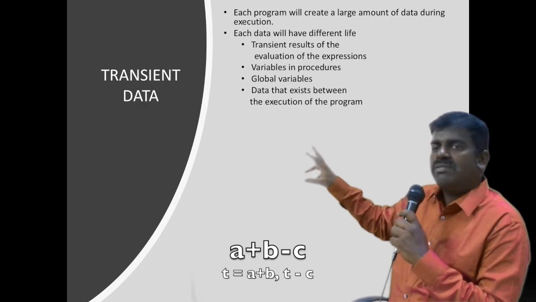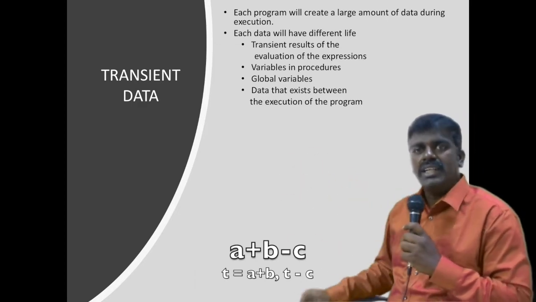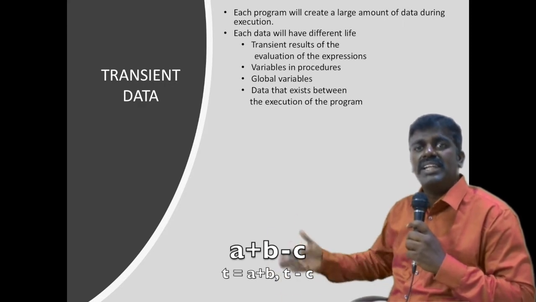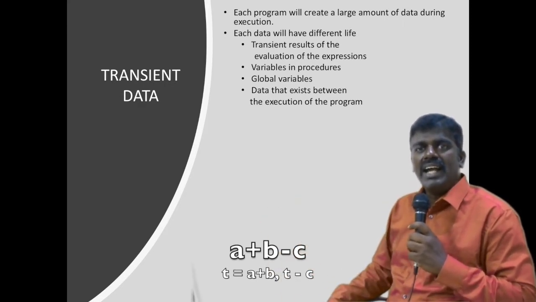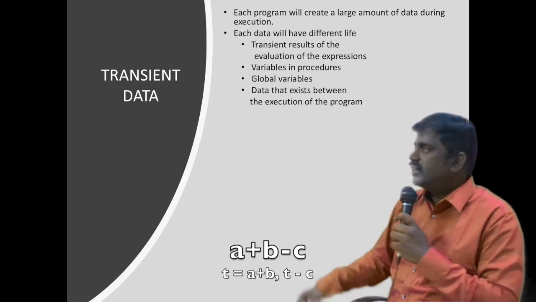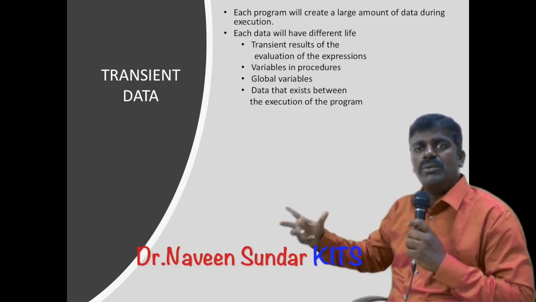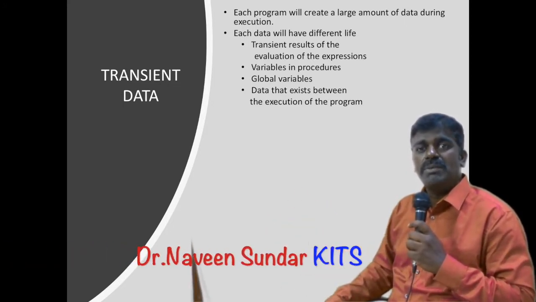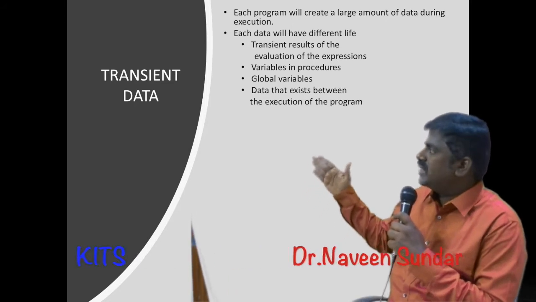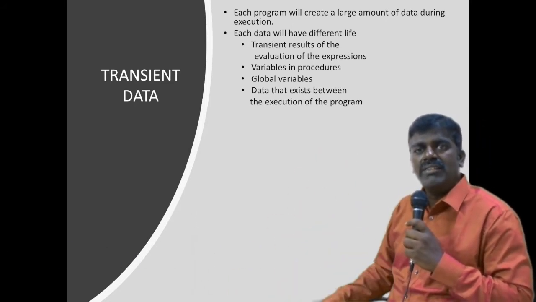First a and b will be added and stored in a temporary storage variable, say t equal to a plus b, and then t minus c will be done. So for that it has transient data objects, for storing the value in the temporary variable t. That is how the transient data object is created automatically during runtime.